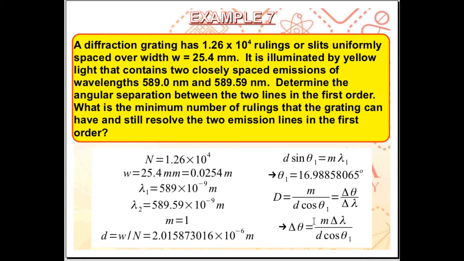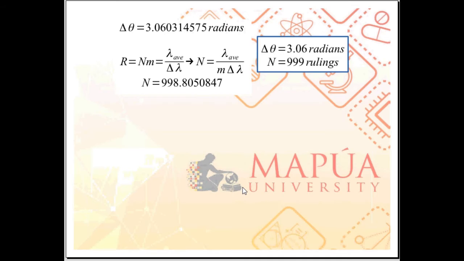We know theta 1, and we are easily able to get delta lambda from lambda 1 and lambda 2. And then the slit-to-slit distance d. The equation is complete. We are able to calculate delta theta, 3.060314575 radians.